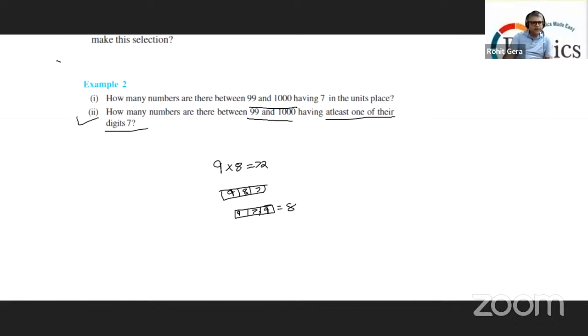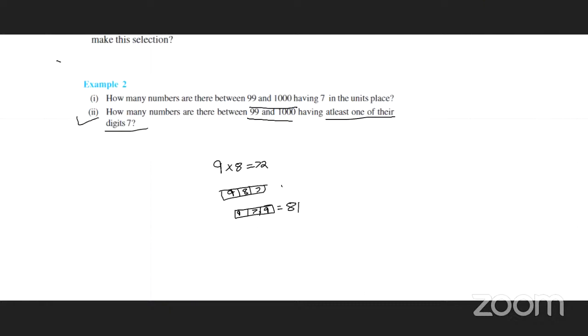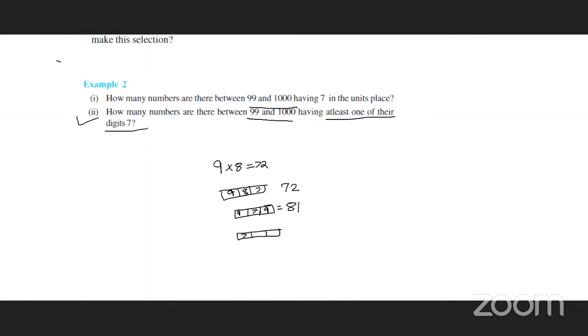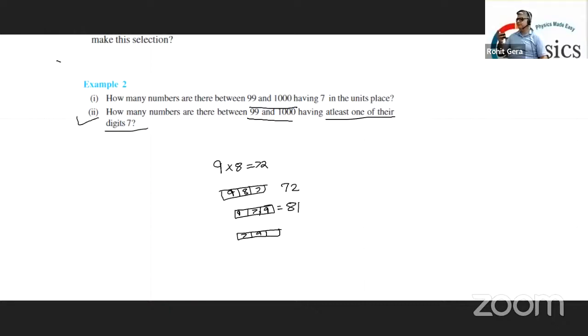This is 8 or 9? This is 72, right? 72. This is 81. And now in the hundreds place, one more. Now 9 can come here. 81. Yes.